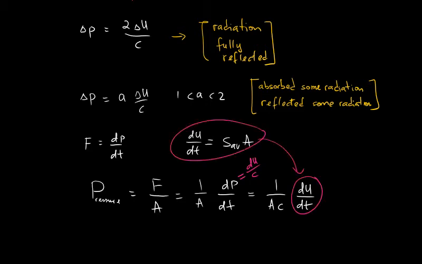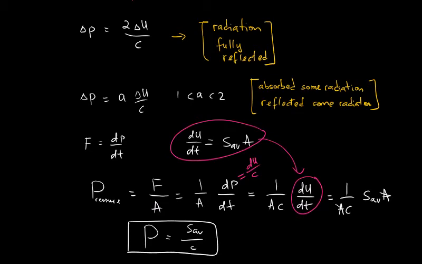If I substitute this, we end up with 1 over AC times the average Poynting vector. The A's will cancel out. Then pressure equals S average over c. This is the case when we have radiation fully absorbed.